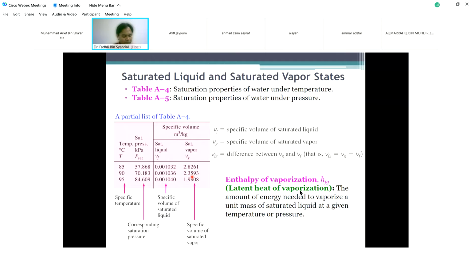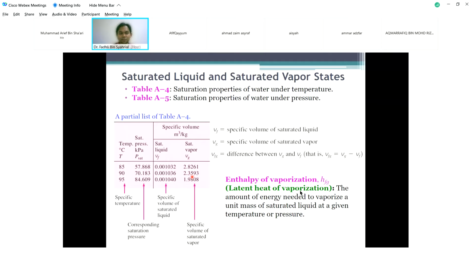At the same temperature, 90 degrees C, look at your own table at 90 degrees C and column for internal energy, they have a three set of value, right? So value yang pertama dia adalah Uf. U is referring to internal energy, while f is referring to saturated liquid.